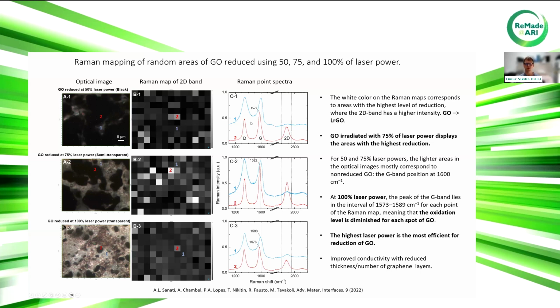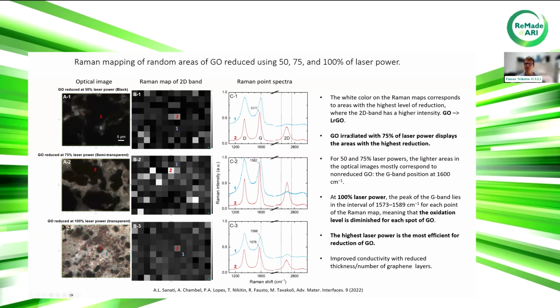For these graphene-based materials, we always have two characteristic bands, which are called D and G band. The G band appears in all graphene-based materials. And the D band is usually associated with defects, related to the breathing mode of the graphene rings.